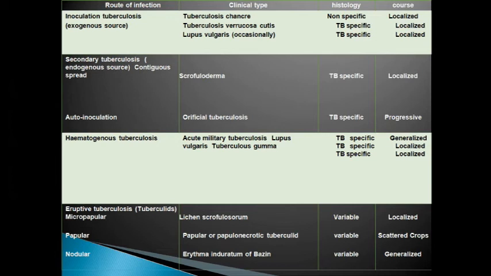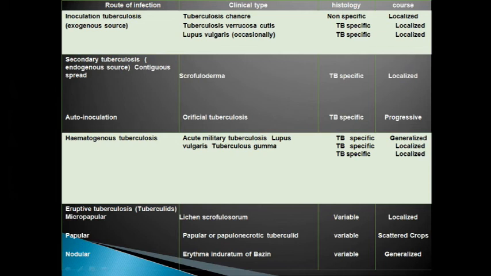Now, secondary tuberculosis is endogenous, whereas here it was exogenous. Suppose somebody has a weak immune system and is infected with tuberculosis. The tubercle bacilli will rapidly multiply and spread out to the skin by what we call continuous spread.